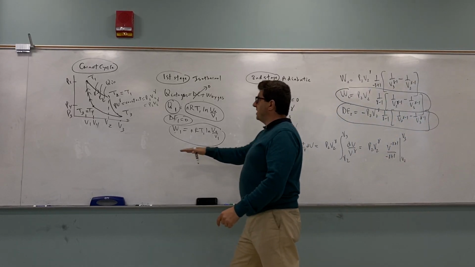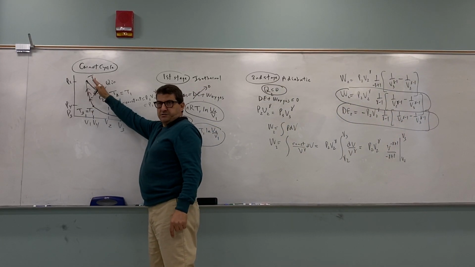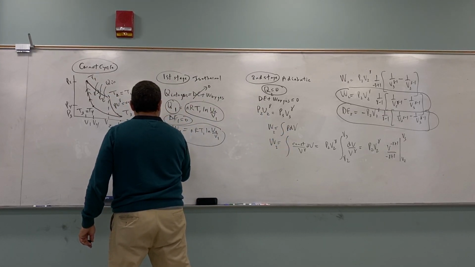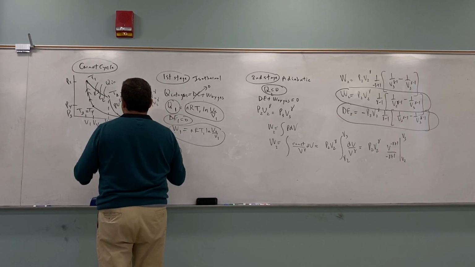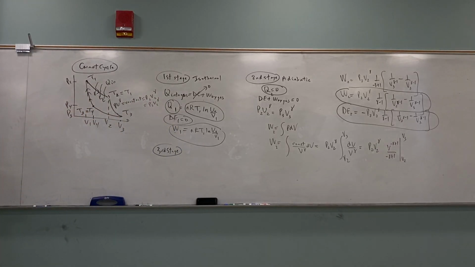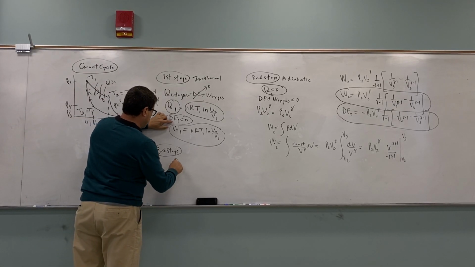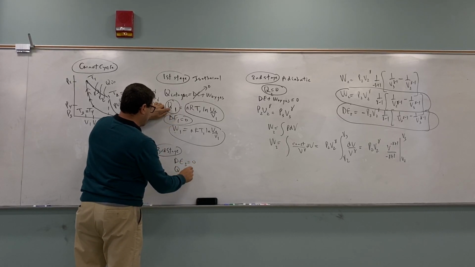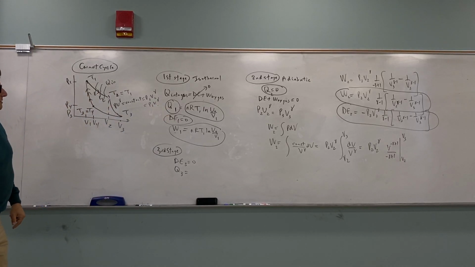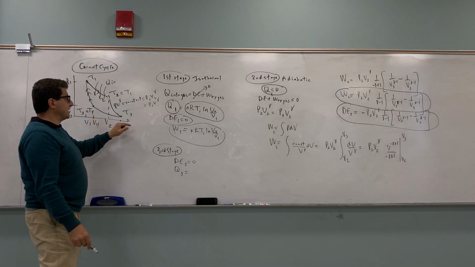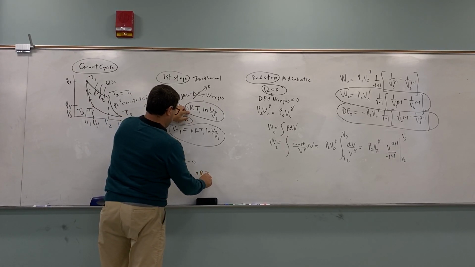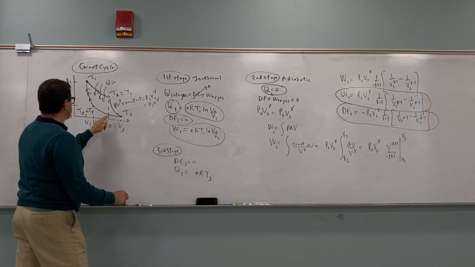Now the third stage is going to resemble the first, right? Except now you're going backwards. You're going this way, you're compressing the gas. So then delta E3 is going to be 0. And then Q3 is going to equal what? You can kind of follow that same idea, right? nR T3, because that's the temperature here.